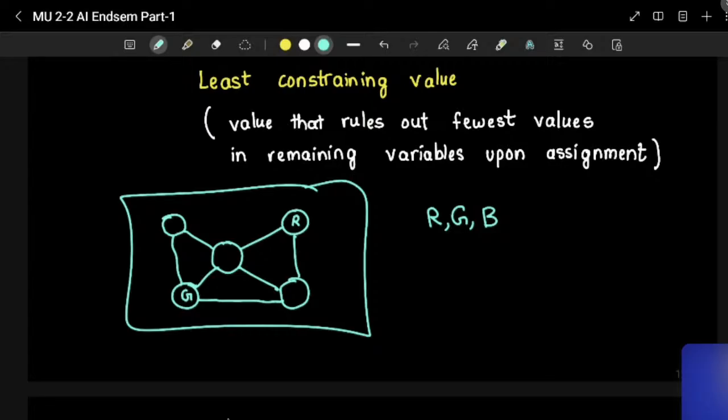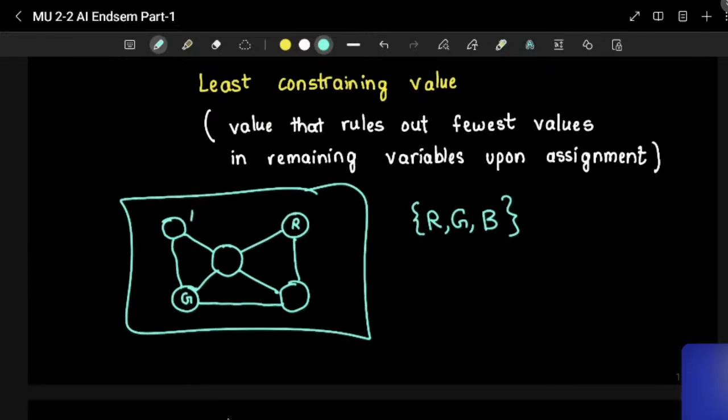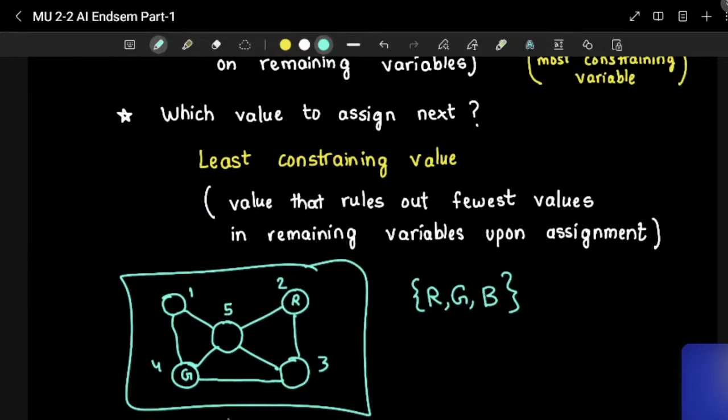Here 2 variables got assigned green and red. So this is a partial assignment, a state of the problem. And RGB, we know it's the domain of every variable. Let me call these 1, 2, 3, 4, 5. So you have 5 regions. Variable 2 and variable 4 are assigned 2 colors, red and green. Now from this state, how should I go to the next state? Should I assign a value to 1, 5 or 3?